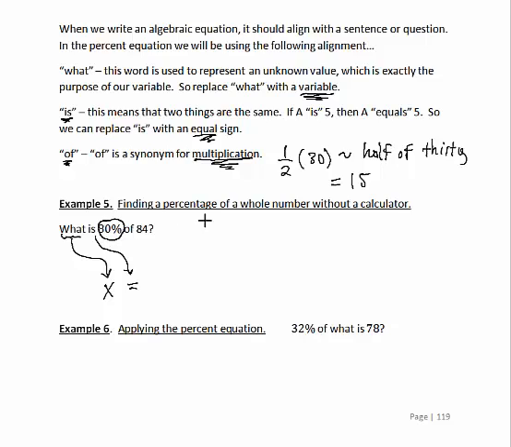So 80% to a decimal, there's the decimal place for the 80 with the percent sign. We would move it to the left to get 0.8. So instead of placing 80% in our equation, we will place 0.8, and 80% of 84 means that we multiply this decimal version of the percentage times 84.